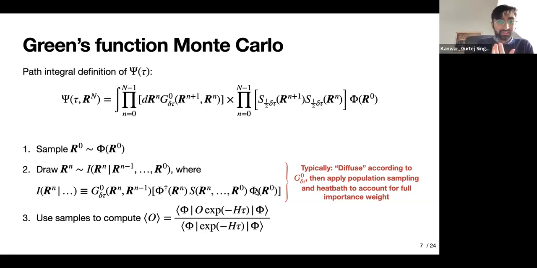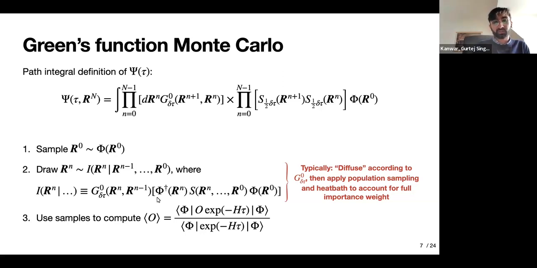Now, it's typically not possible to exactly sample this importance sampling weight. So the typical approach is to apply diffusion according to this kinetic operator, which is a Gaussian, is actually easily sampleable, and then do some kind of either population resampling techniques or a heat bath over different proposals to somehow incorporate this term in square brackets, which is the other part of the importance sampling weight that hopefully guides in a more physically meaningful way the evolution of your coordinates.